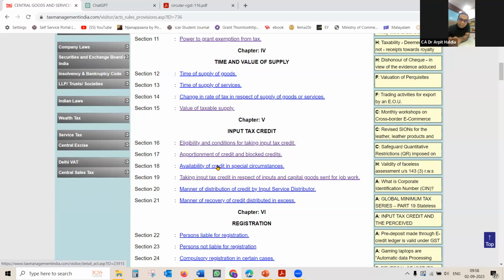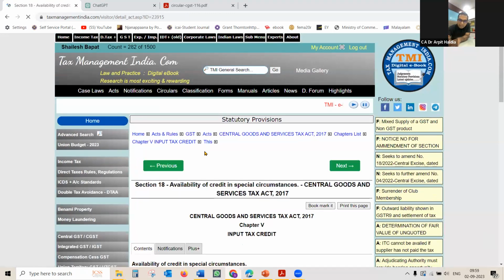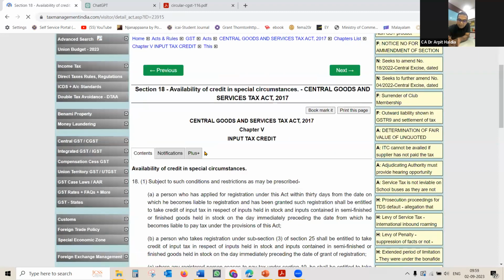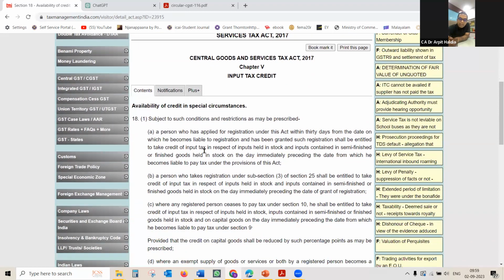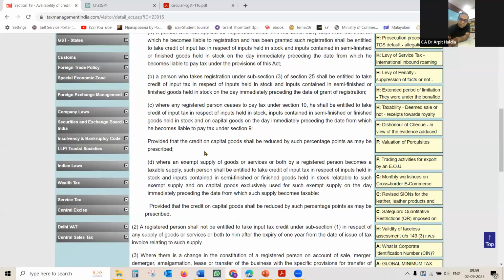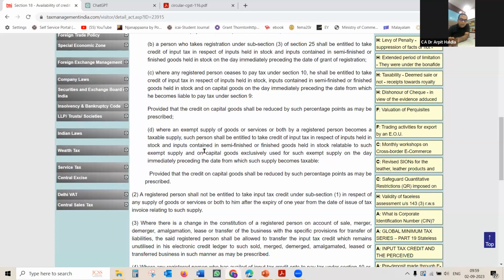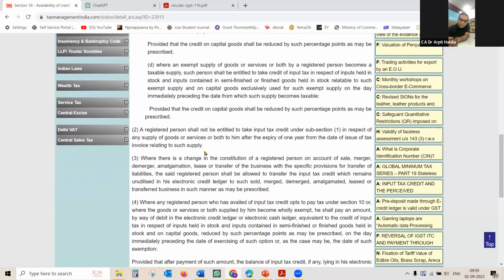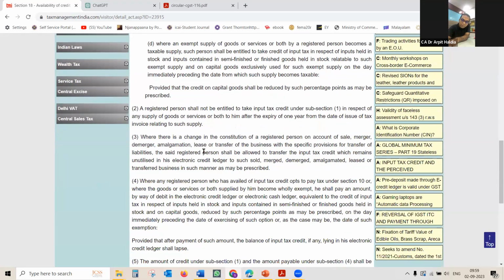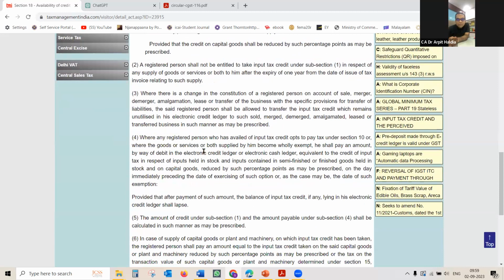But supposedly, let's take an example that I have purchased certain wood items, hardware items, and paint, and out of that I prepare one small table, and along with that all other things are also being manufactured. Now that small table is being given as a gift to some person.